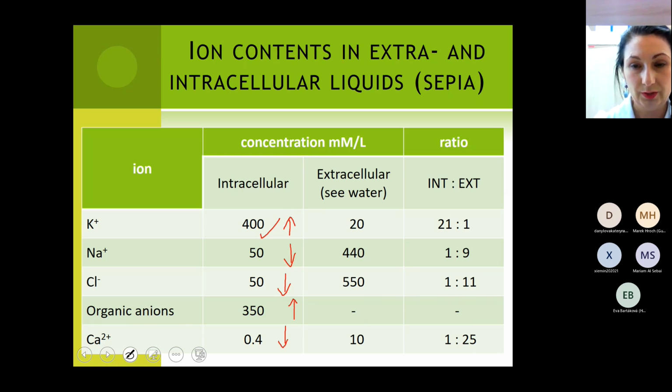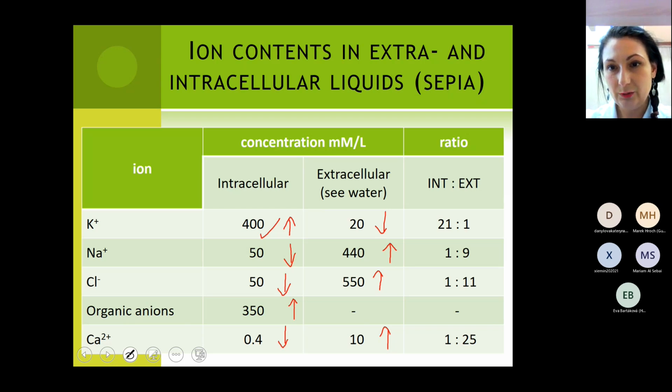So in the extracellular space, potassium is low. Sodium is very high. Chlorine is also very high. There are practically no organic anions, more or less. It's an approximation, of course, and calcium is also higher. So these are the absolute values.